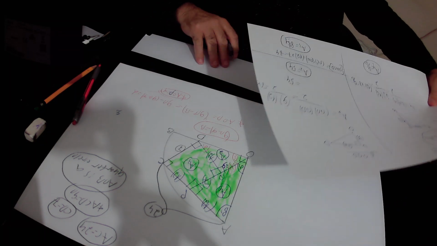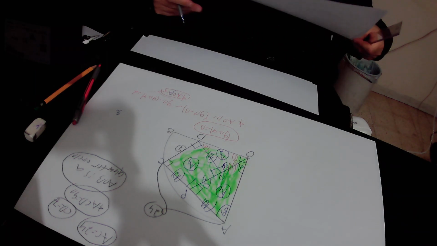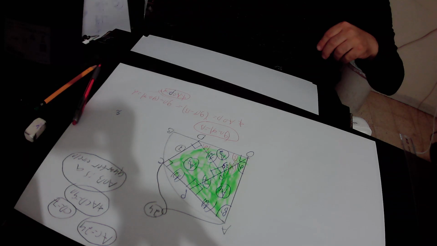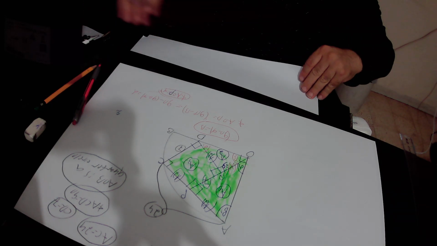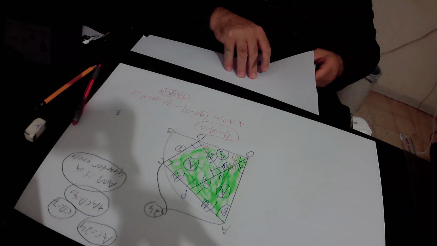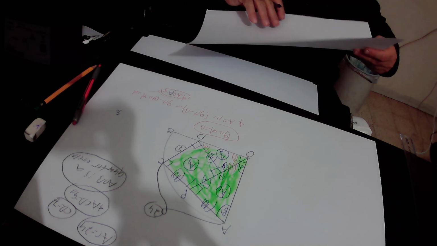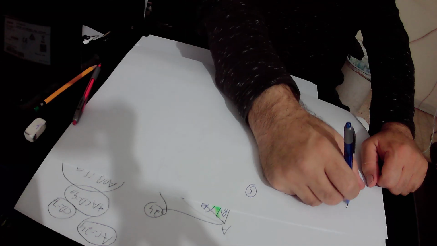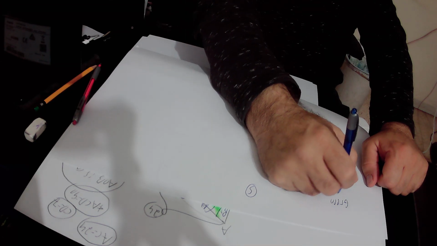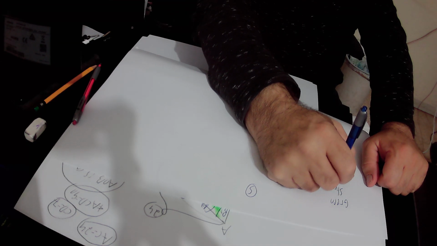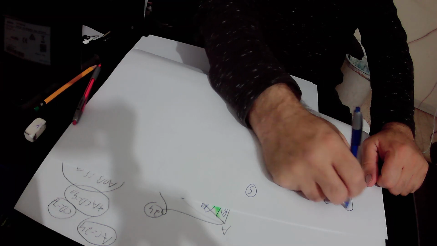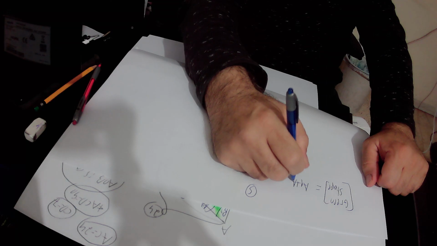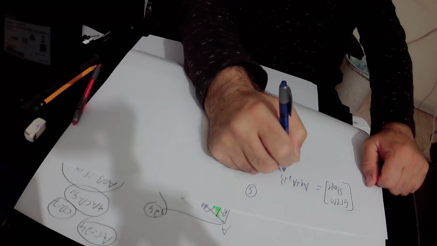Repeat again that the area of the green shape equals A1 plus A2 plus A3. Write it down again. The area of the green shape equals A1 plus A2 plus A3.